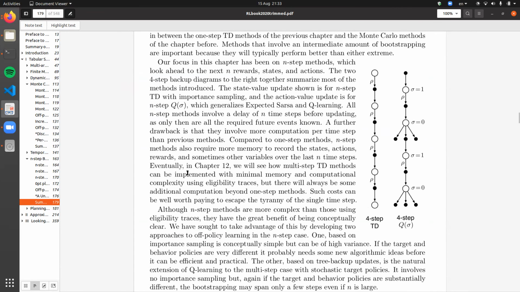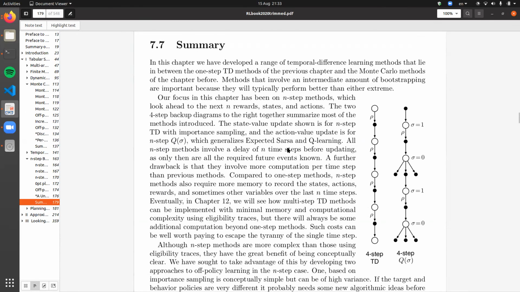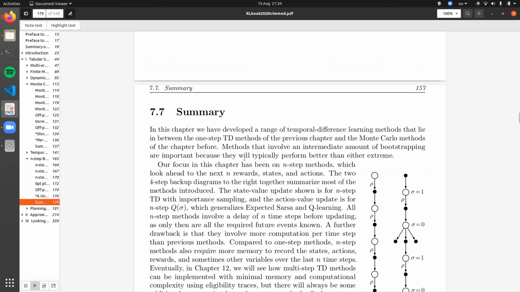Also notice that in chapter 12, we will talk about eligibility traces, which is another algorithmic approach to the same unification of Monte Carlo and one-step temporal difference methods, but it allows for online updates, so online learning, unlike the Monte Carlo methods.